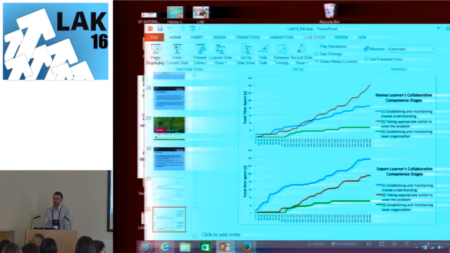As I told you, these results that I have just shared with you are not within the scope of this paper, and they have just recently come up, and we are trying to see how these results relate to the previous literature. One of the very interesting research areas that we are looking at is engineering design processes, and the previous research done by Marcelo Worsley and Paul Blikstein.